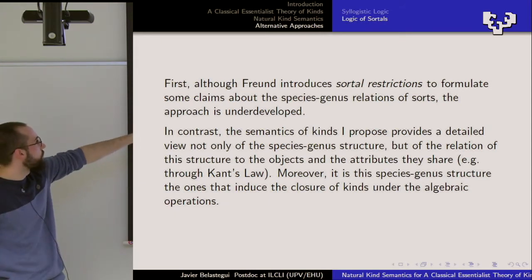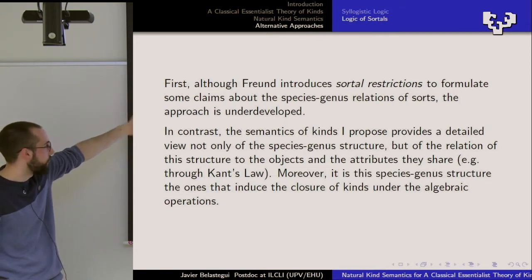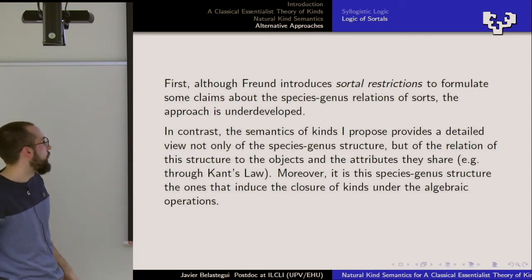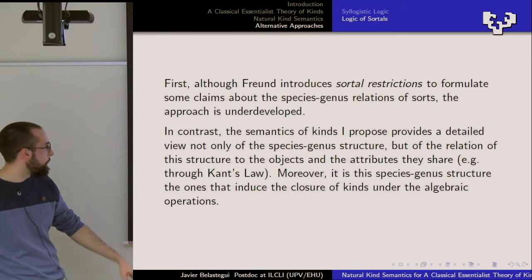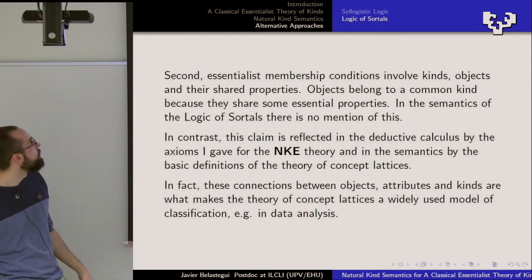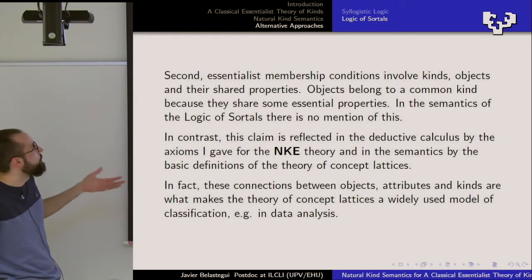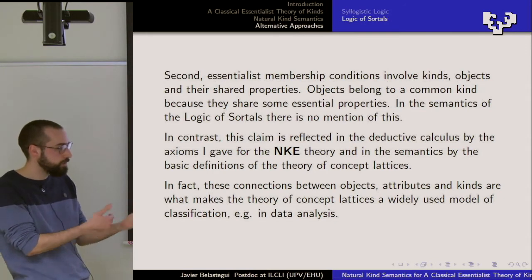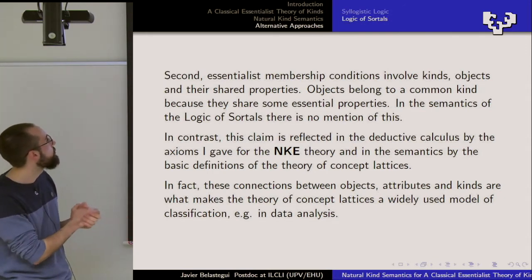In contrast, the semantics I propose basically allows you to talk about hierarchical relations, Kant's law, and so on. And this structure is basically related to the algebraic operations I was talking about. Then essentialist membership conditions do not appear, basically because the logic does not have means to talk about the properties that are common to the members of the kind.